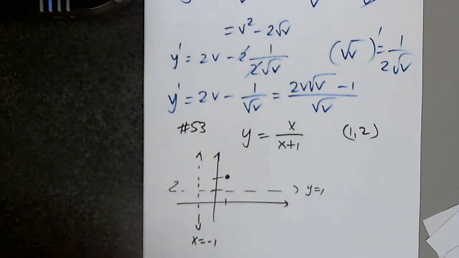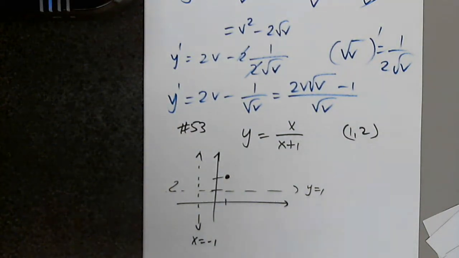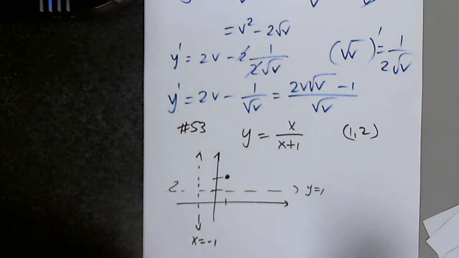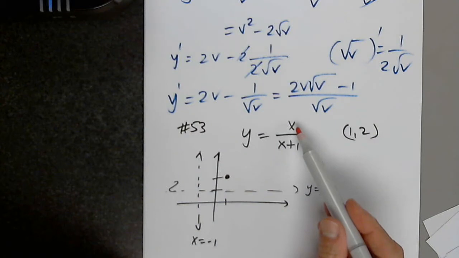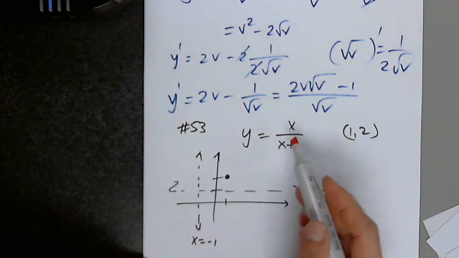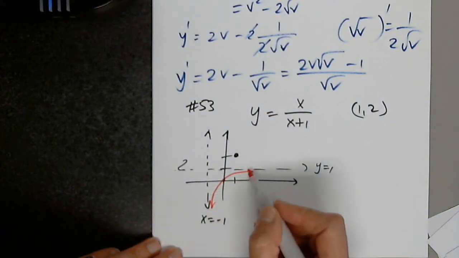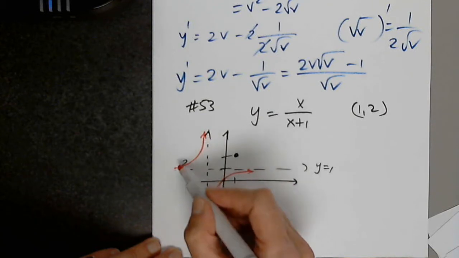And now the graph of this: on the left-hand side of -1, the values are negative and positive, and it crosses at 0, 0. And on the other side is the opposite.